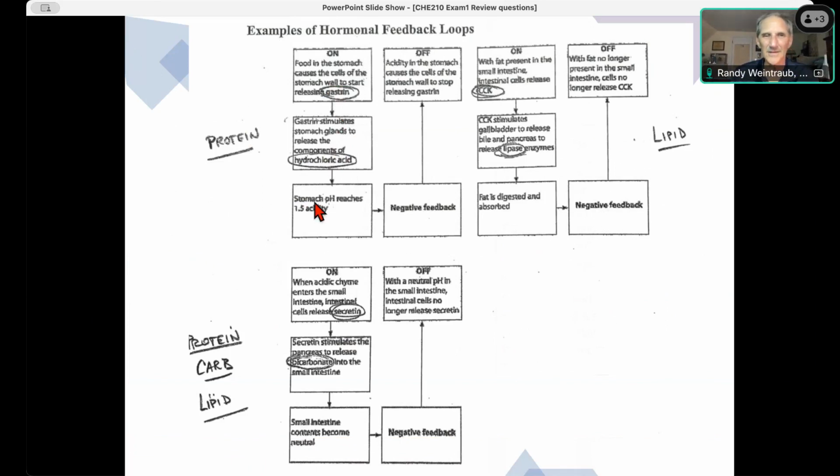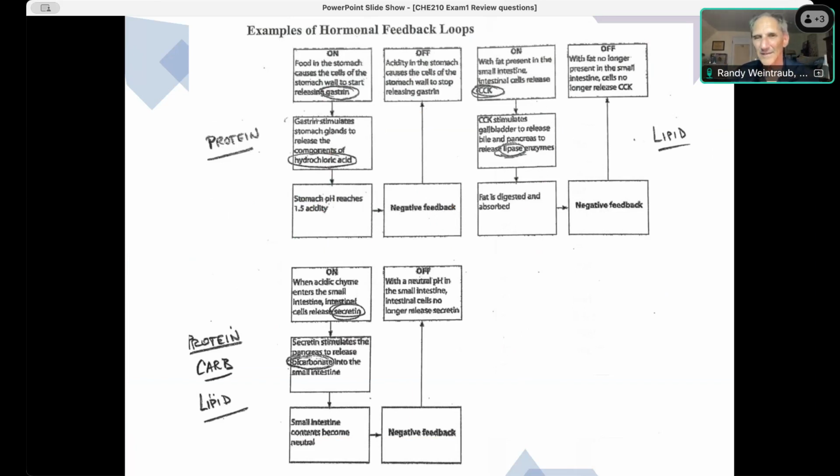in the stomach, and then the acidity goes down to a certain point, and then there's negative feedback that tells, through the nervous system, to stop putting out gastrin, kind of halts the process. Similarly, with CCK, that's stimulated when it recognizes that there's lipid in the system, because that's going to stimulate the lipase.